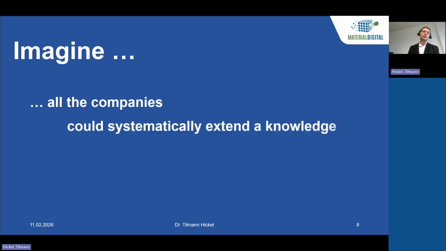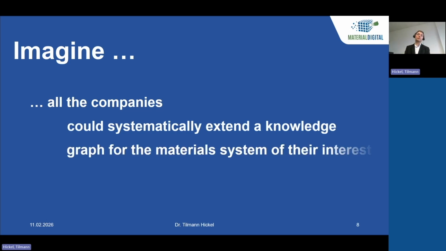Imagine all the companies could systematically extend a knowledge graph for the materials system of their interest. Extend a knowledge graph means we speak about structured data, and we speak often about semantically structured data. We speak about knowledge graphs as a way of representing data.